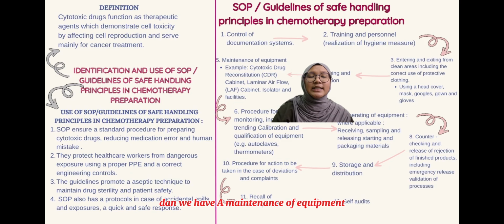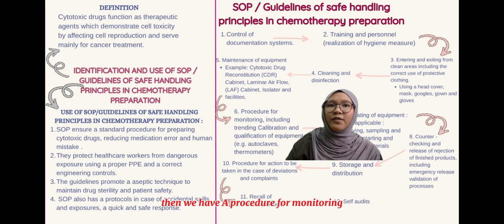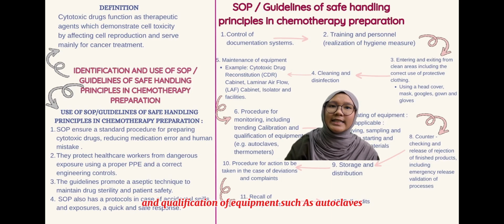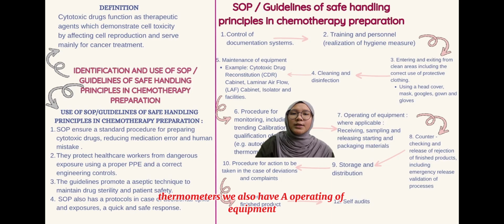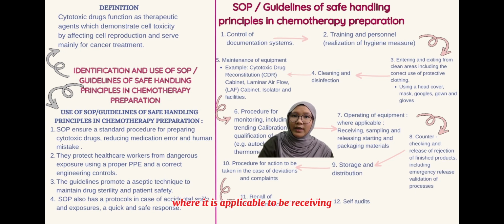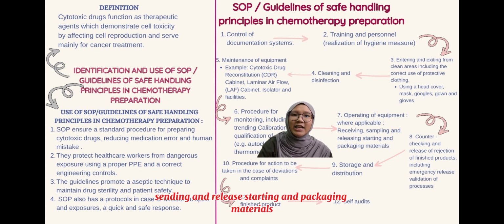Then, we have maintenance of equipment, such as the cytotoxic drug reconstitution (CDR) cabinet, laminar airflow (LAF) cabinet, isolator and facility. Then, we have a procedure for monitoring, including trending, calibration and qualification of equipment such as autoclaves and thermometers. We also have operating of equipment where applicable, for receiving, sampling and release of starting and packaging materials.